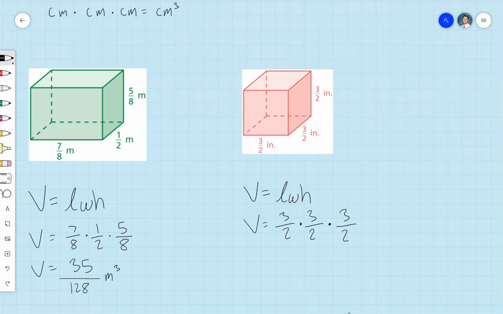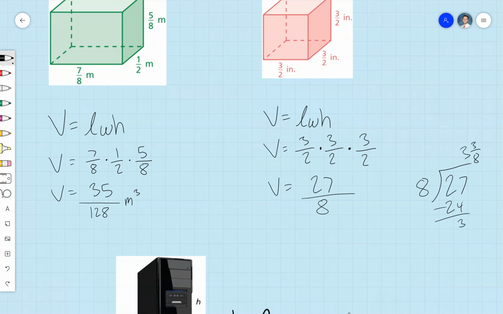So 3 times 3 times 3 would be 9 times 3, which is 27. And 2 times 2 times 2 would be 4 times 2, which is 8. So we'd have 27/8, which we could rewrite as a mixed number, 3 and 3/8. So our volume here is 3 and 3/8 cubic inches.